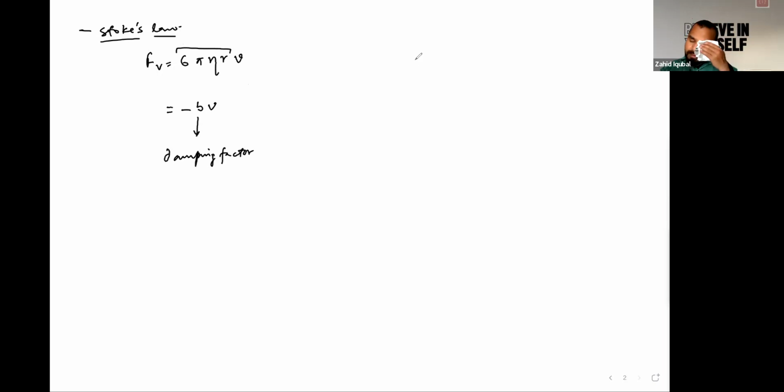Similarly, the viscous force between layers of liquid is defined by Newton's law of viscosity. According to this, the viscous force between layers of liquid is F equals eta A dV by dy. Eta is the coefficient of viscosity, A is the area of the liquid or film, dV is the change in velocity, and dy is its width.